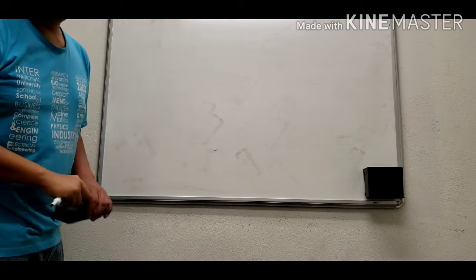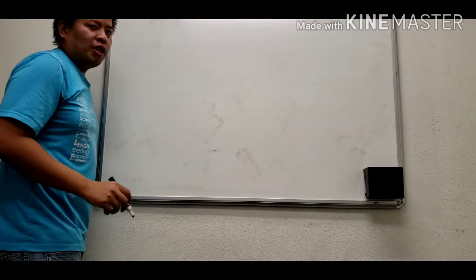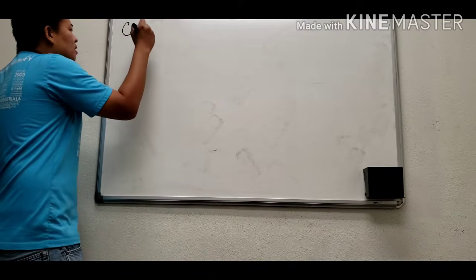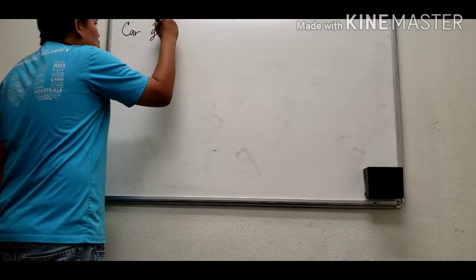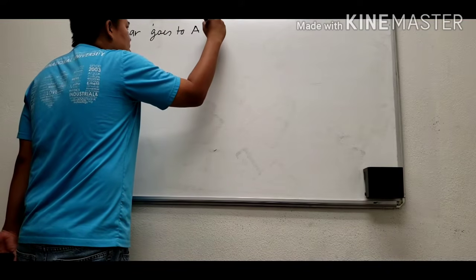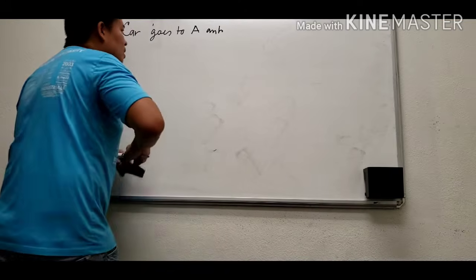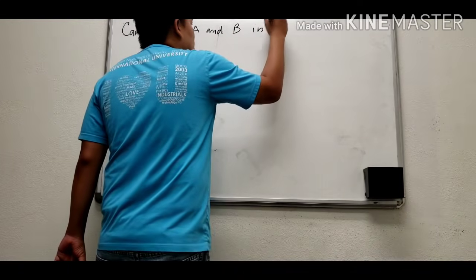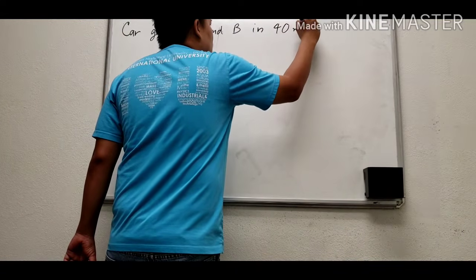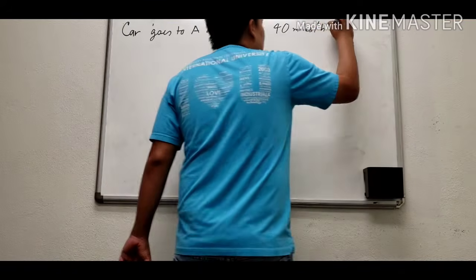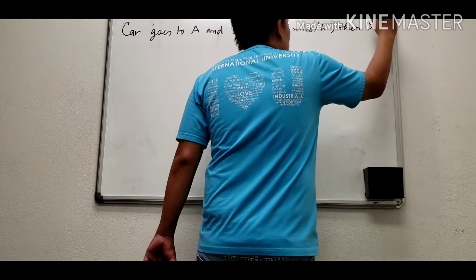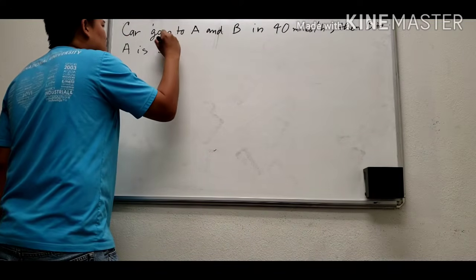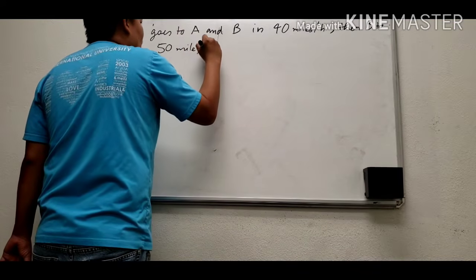The next one is about average velocity. Some people don't know how to do this question. A car goes from A to B at 40 miles per hour, then from B to A at 50 miles per hour.